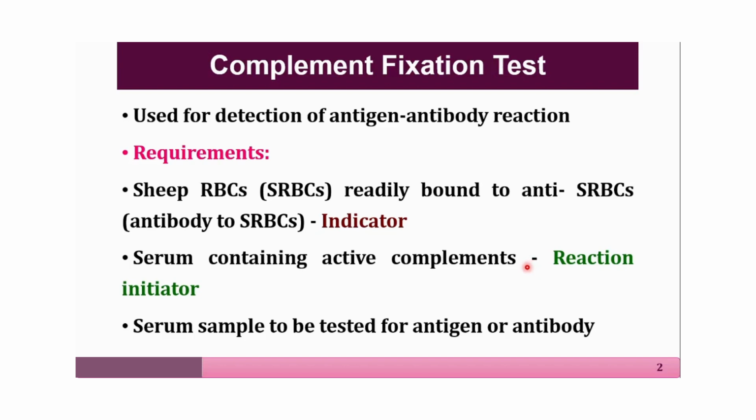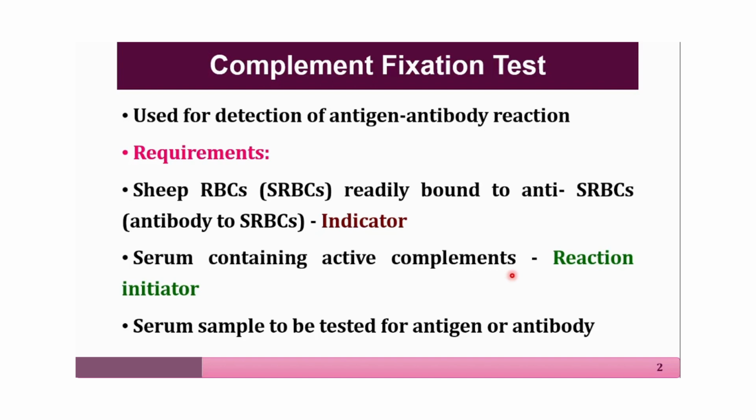Then you require the serum sample containing the complements. Complements are proteins of enzymatic nature, and 9 complements are there which are responsible for recognizing the antigen-antibody complex and bind to the Fc arm of the antibody and get activated, and on activation they bring about lysis of the cells.